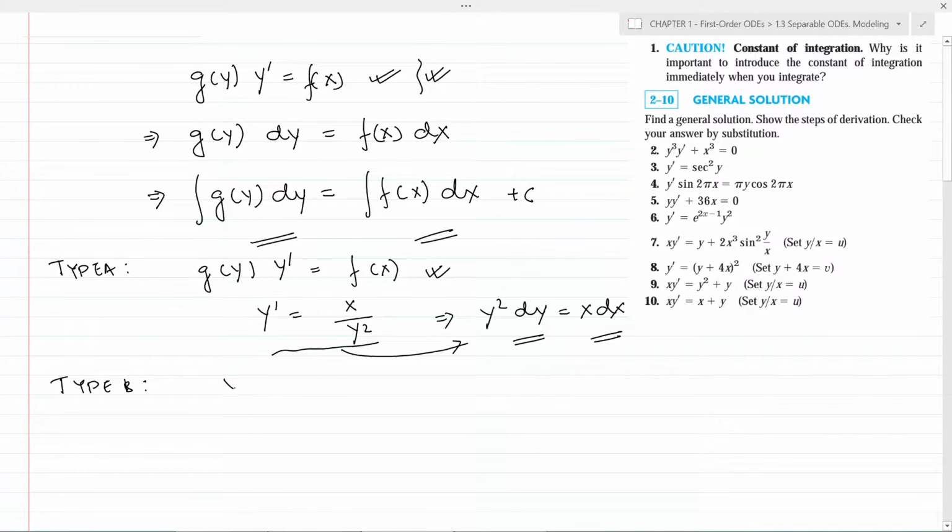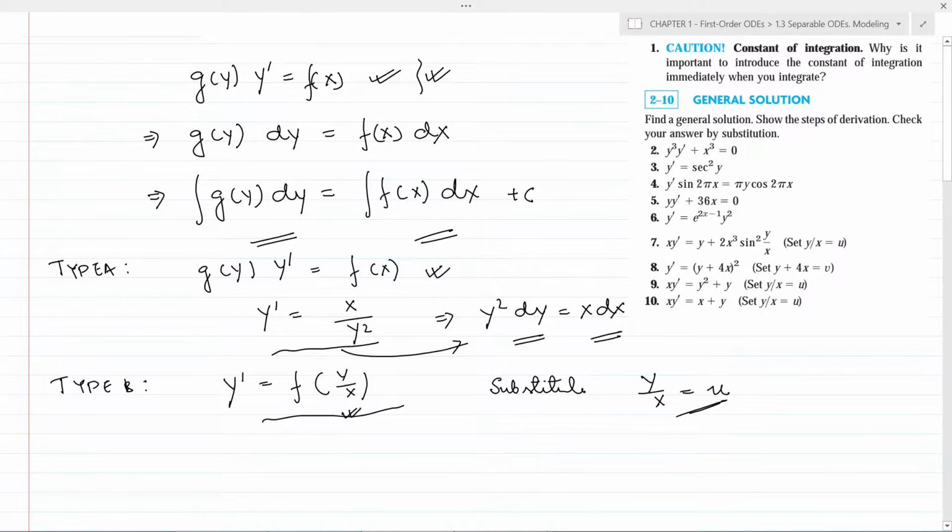There is another type of separable differential equations which are of the form y dash is equal to f of y by x. Now these equations cannot directly be reduced to separable type as mentioned above by pure algebraic manipulation. So in this case we substitute y by x is equal to u.